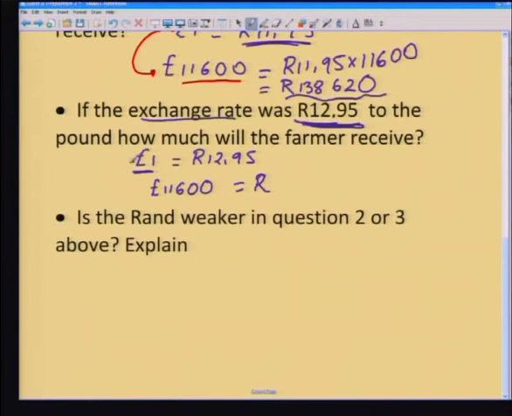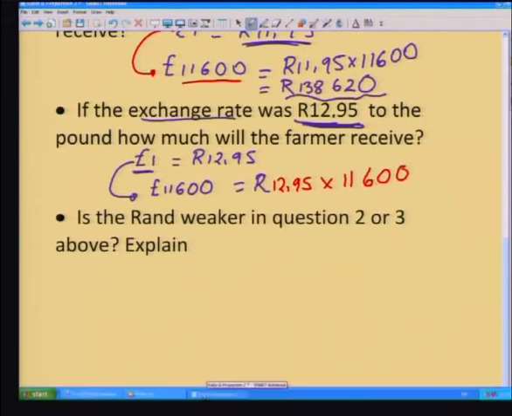The same thing, to get from £1 to 11,600 pounds, we times by 11,600. We have to do the same thing to our rands to keep this equivalent. So to 12.95 rand, I have to times by 11,600.